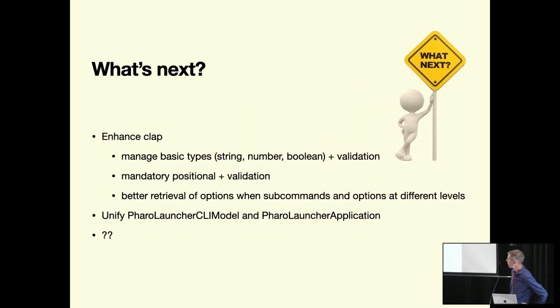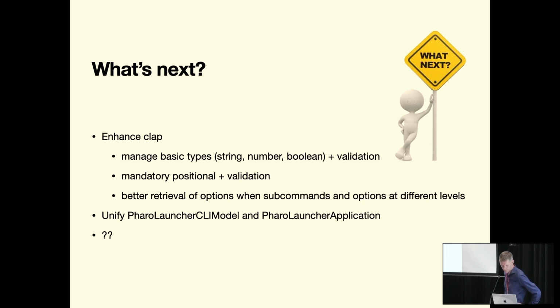And for the future, there are some tasks. For example, enhance Clap to manage the command line, to have basic types and validations and so on. So it's not visible for Pharo Launcher users, but for development it will be easier.